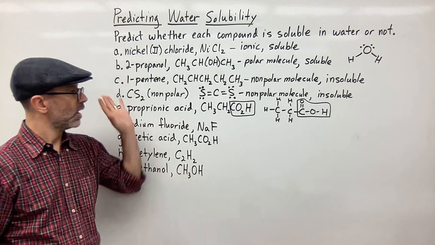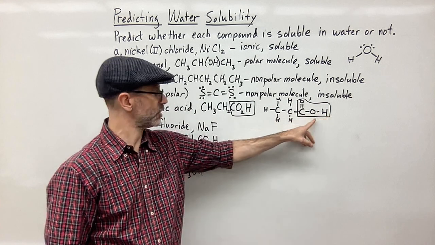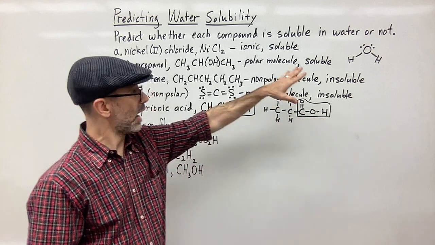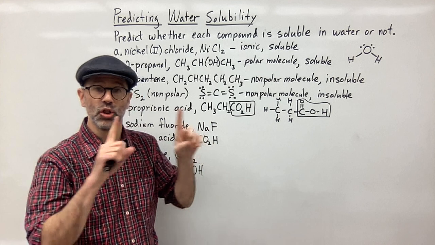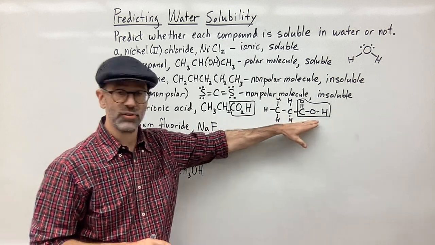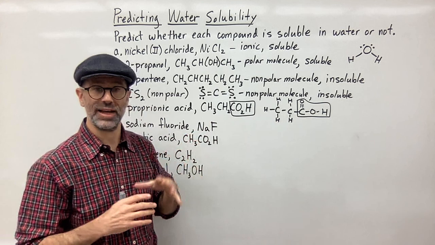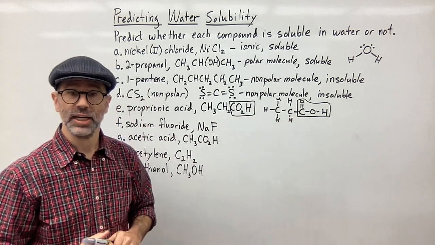And so this is going to be very polar. And also you have a hydrogen bonded to oxygen here. So that's going to allow for hydrogen bonding. Water also has hydrogen bonding. So that's another way in which the water and this group are alike. So we would expect, given the rule that like dissolves like, that this is going to be soluble in water.